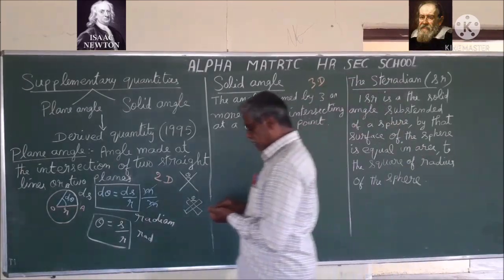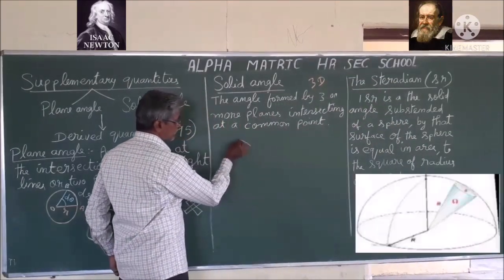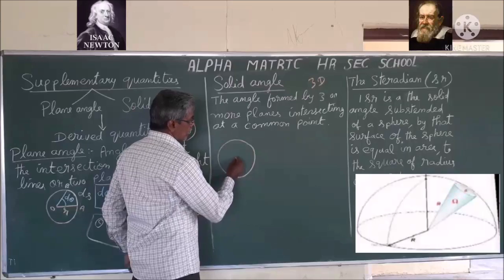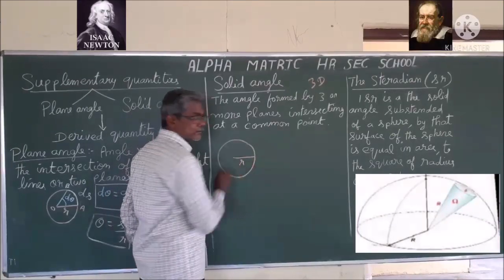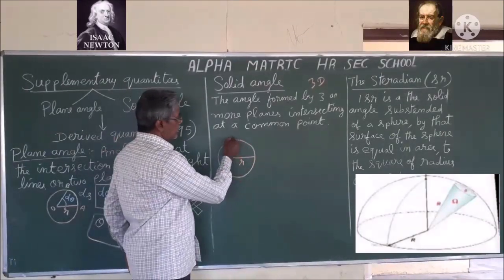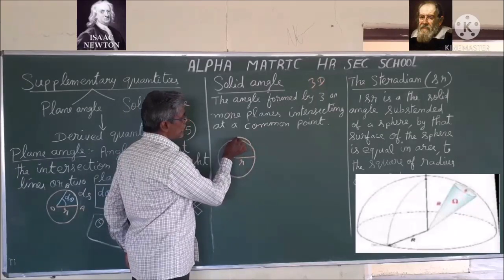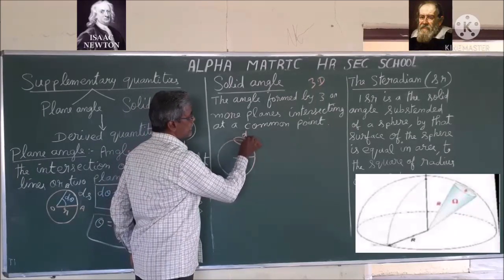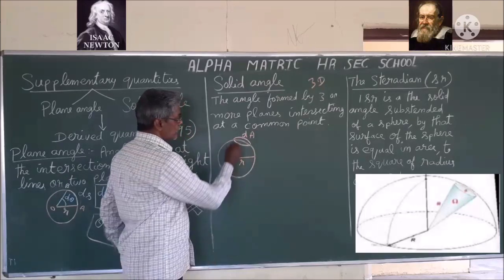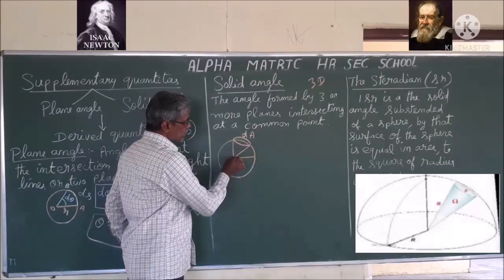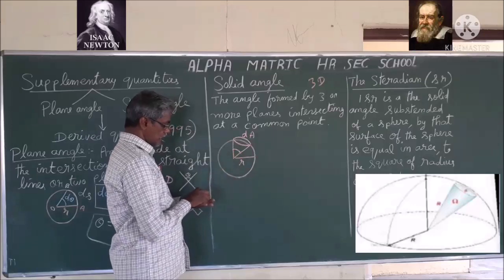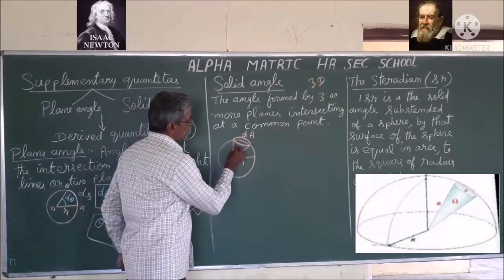Now let us consider a sphere of radius r. Now on this sphere, you take a small area dA. Now you join these two things. Now it makes an angle d omega.